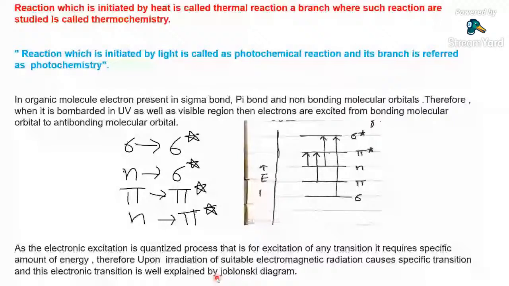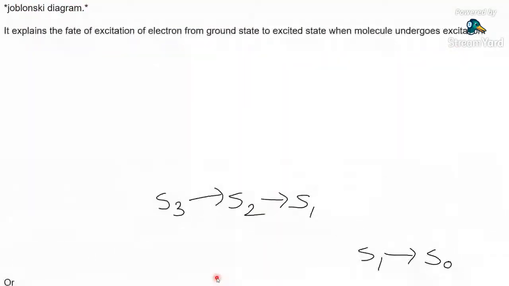So what is the Jablonski diagram? It is the diagram which explains the fate of excitation of an electron from the ground state to the excited state, which we have already seen in earlier lectures.